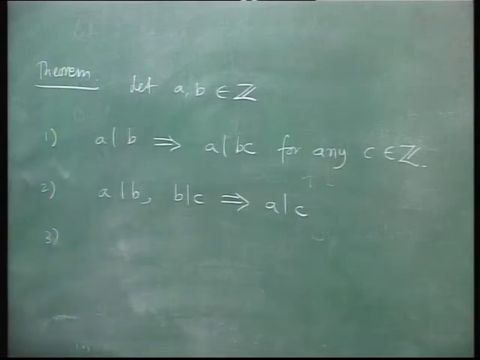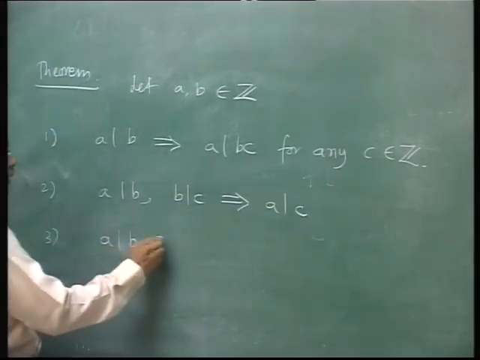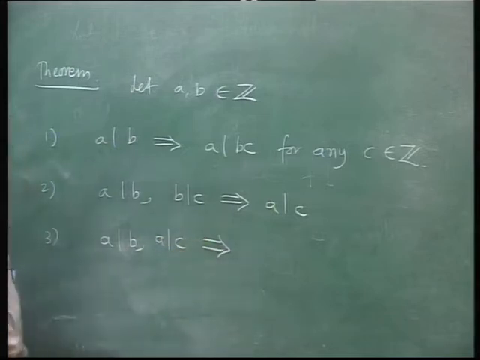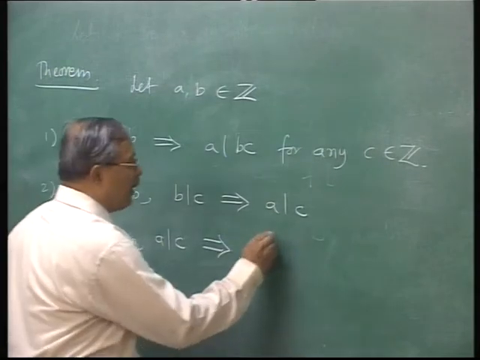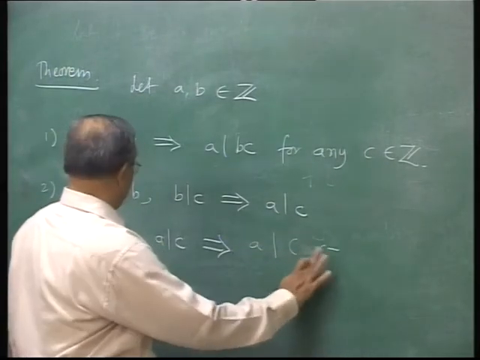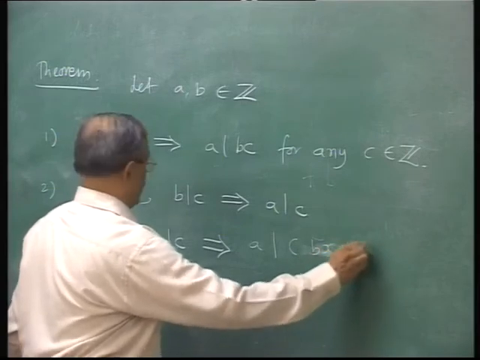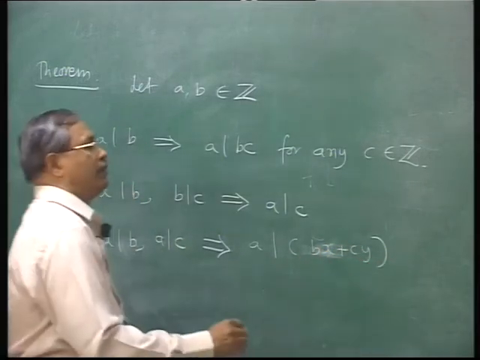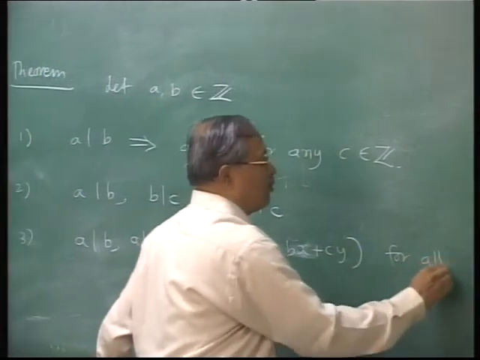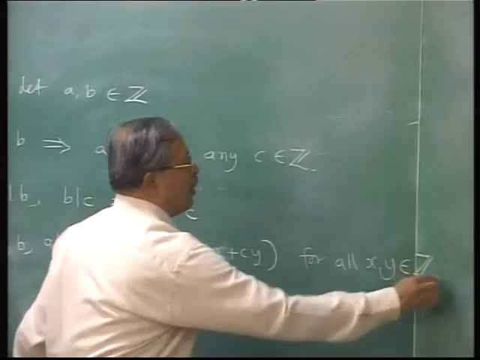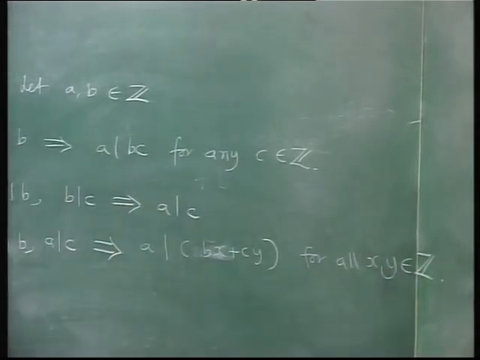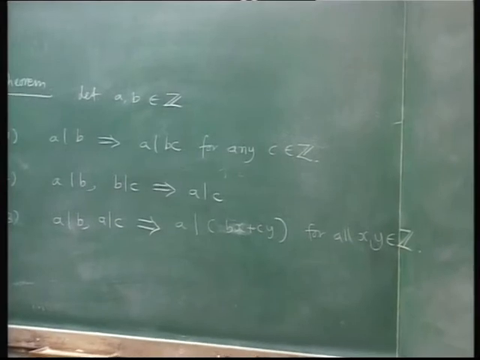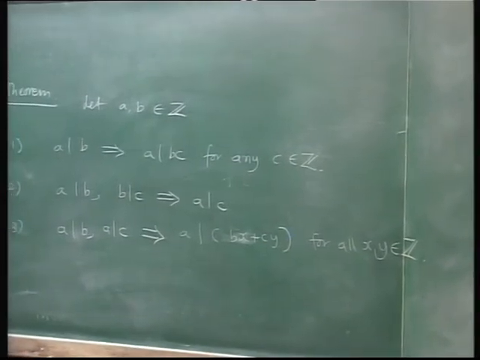The third property is a divides b, a divides c implies a divides bx plus cy, a linear combination of b and c, for all x, y belonging to Z.